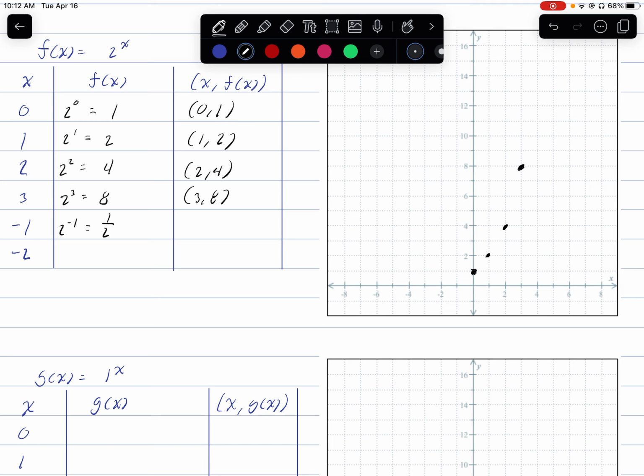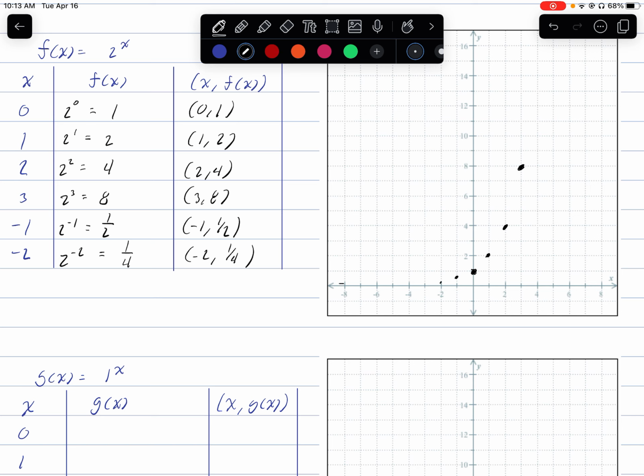So that gives us the point negative 1, 1 half. Then for negative 2, we'll have 2 to the negative 2, which is 1 over 2 squared, or 1 over 4. So we'll have the point negative 2, 1/4.